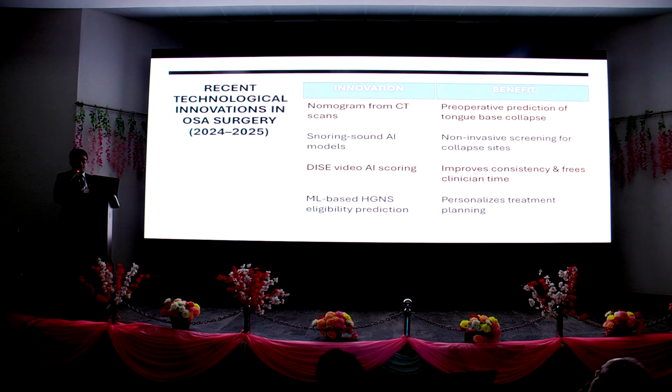Clinicians use it to personalize decision making. For instance, a nomogram might tell you that a patient with high BMI, large tonsils, and REM-predominant OSA has a 78% predicted success rate with a multi-level surgery. So when you treat the patient right, the patient sleeps right.